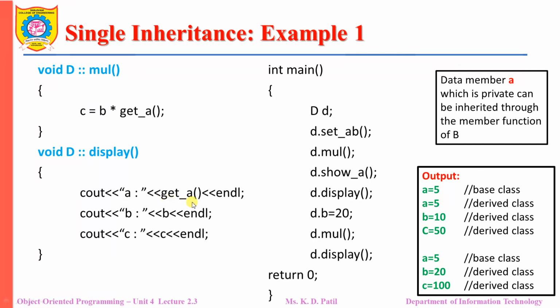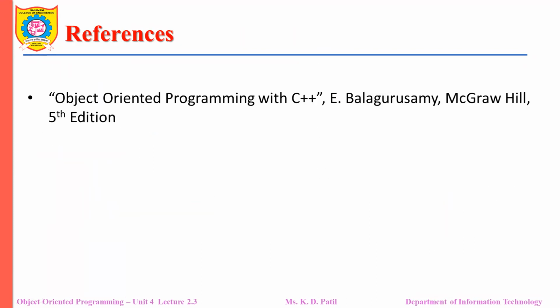We cannot access that value of A directly, as that data member A is private to base class B. So I hope you have understood how the values can be accessed, how the properties can be inherited by public derivation. In the next lecture we will see how the properties can be inherited by private derivation.